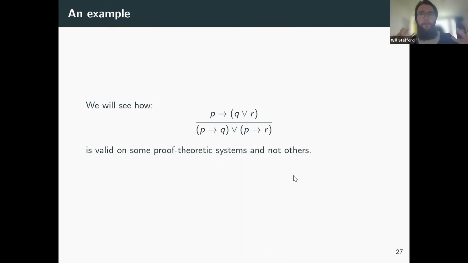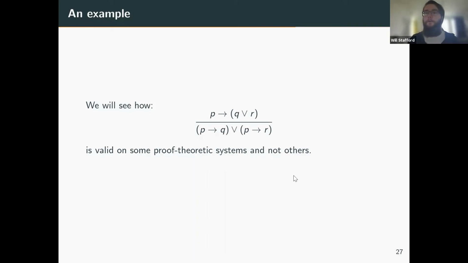And while these are just toy examples, this is replicating what's happening on larger, more reputable proof-theoretic systems that might seem like they have a completely general treatment of the atomic formulas.